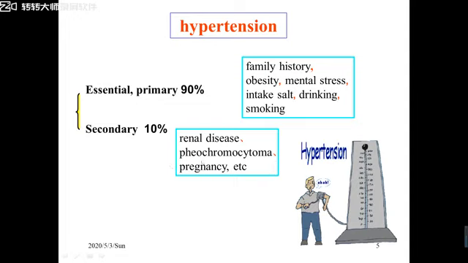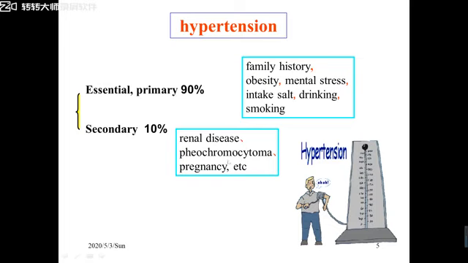And this tumor, pheochromocytoma on the adrenal gland, can release more adrenaline, noradrenaline. And these patients, their blood pressure is very high, maybe more than 200, more than 220/40 millimeters of mercury. These patients are very dangerous.